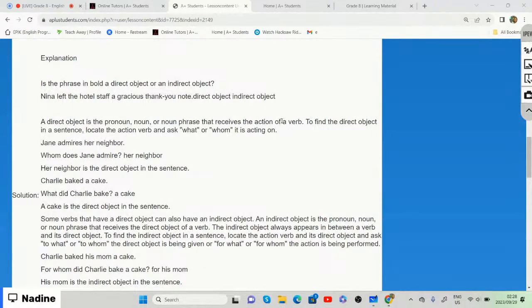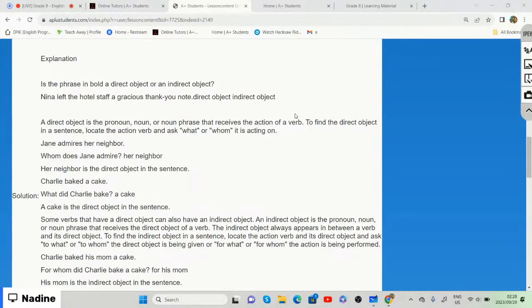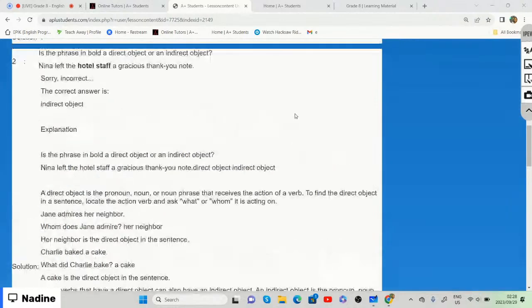And we see that a direct object is the pronoun, noun, or noun phrase that receives the action of the verb. And an indirect object is the pronoun, noun, or noun phrase that receives the direct object and appears between the verb and the direct object.